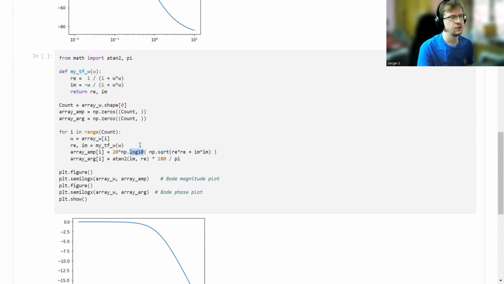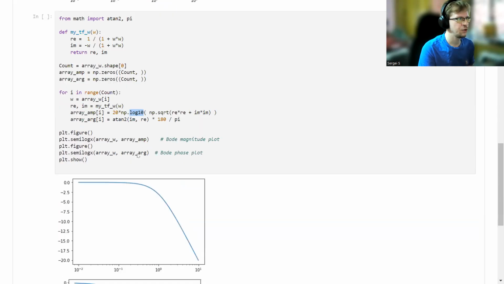By the way, this is log base 10. But in terms of our discussion of 1, 10 to the power of 0 is 1, same as e to the power of 0 is 1. So we have this, I think, directly like in the slides.